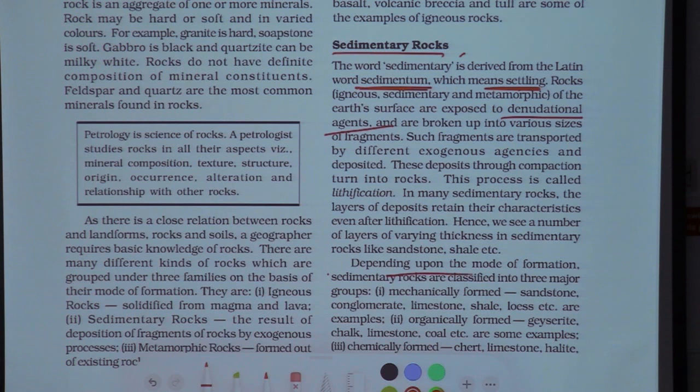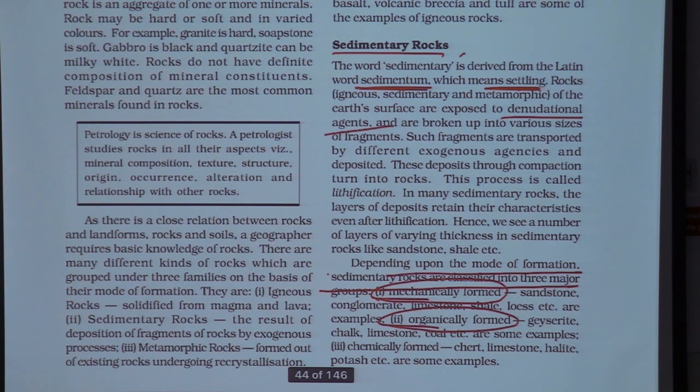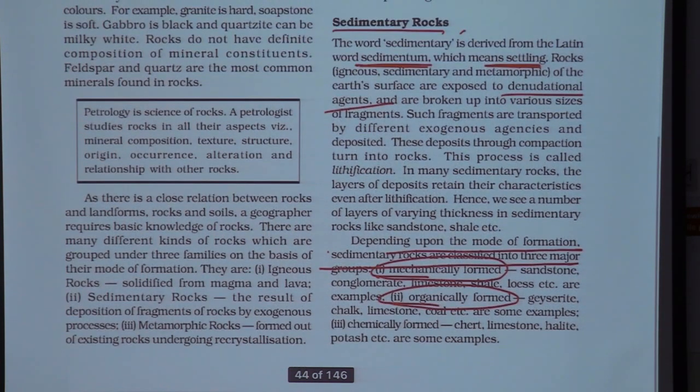So depending on the mode of formation, sedimentary rocks are classified as mechanically formed, organically formed, and also chemically formed.